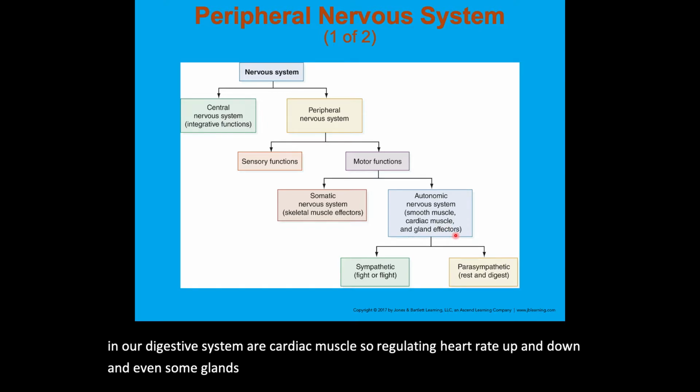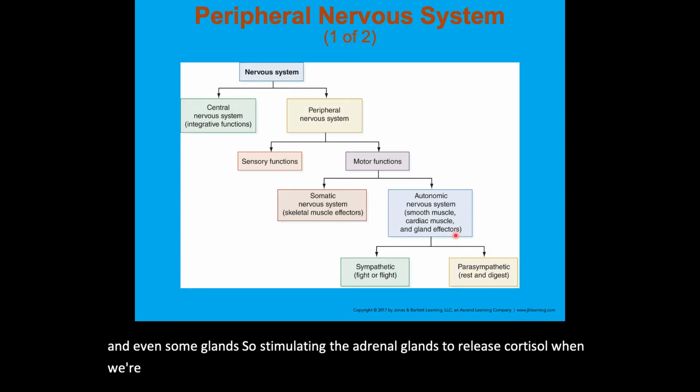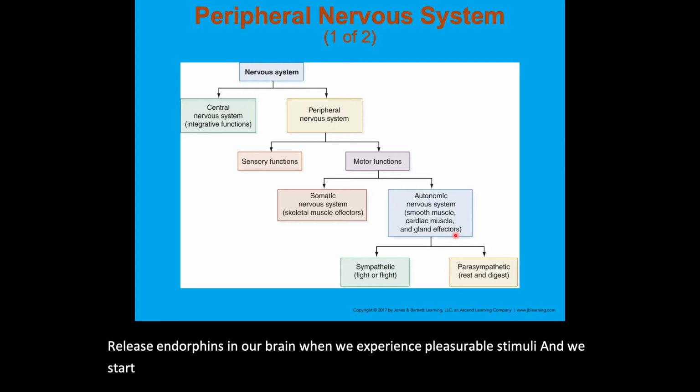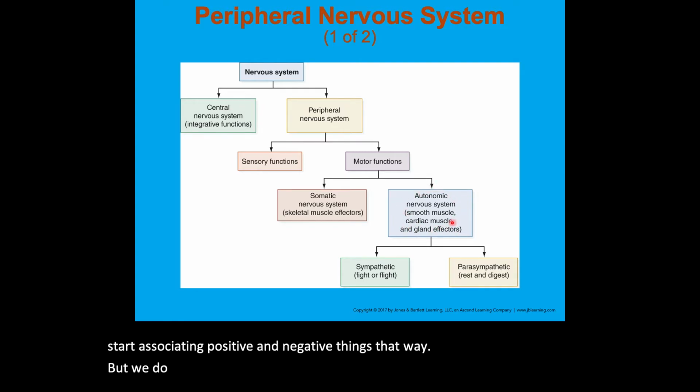So stimulating the adrenal glands to release cortisol when we're stressed, release endorphins in our brain when we experience a pleasurable stimuli, and we start associating positive and negative things that way. But we do not consciously control our autonomic system. That's why it's termed autonomic. It's automatic in nature.